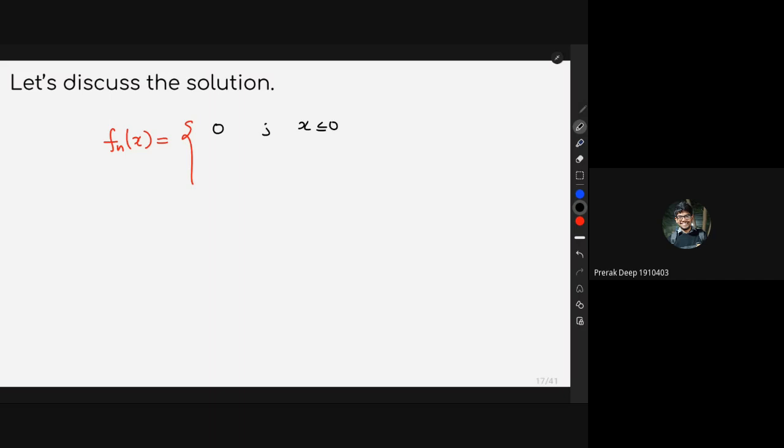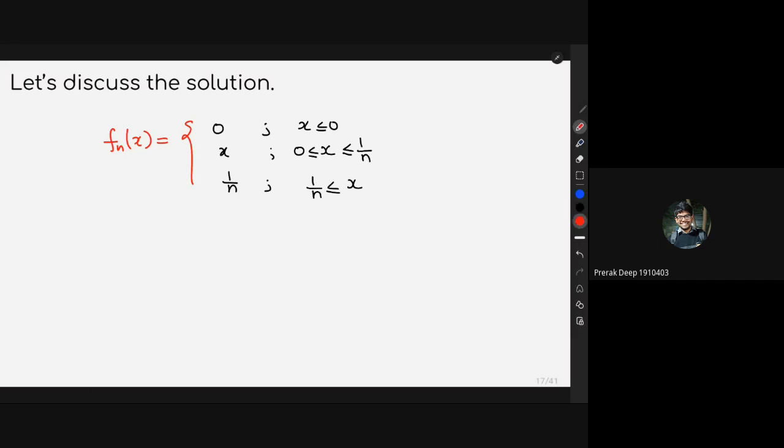It is defined to be x when it is between 0 and 1 over n. It is defined to be 1 over n when x is larger than or equal to 1 over n. So this function is continuous.